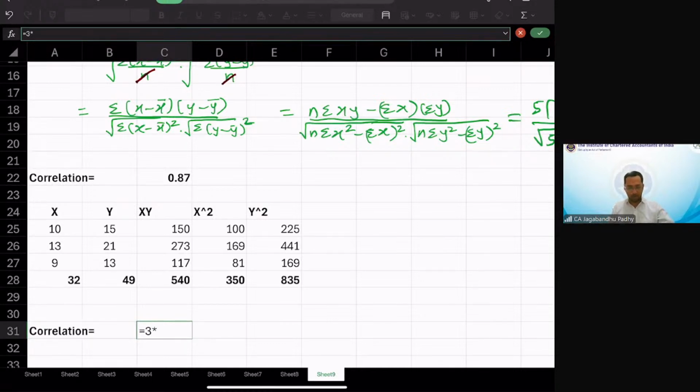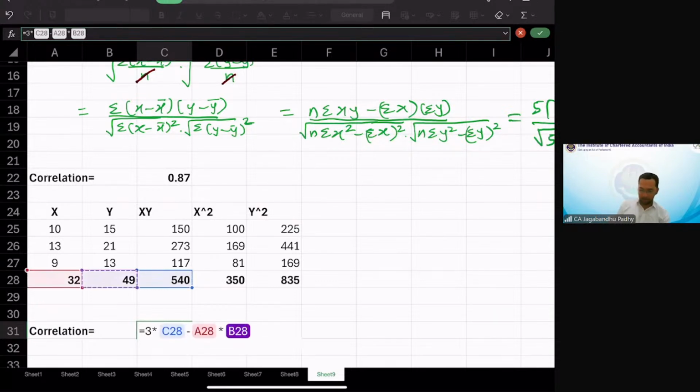Three multiplied by summation xy minus summation x into summation y. Right.